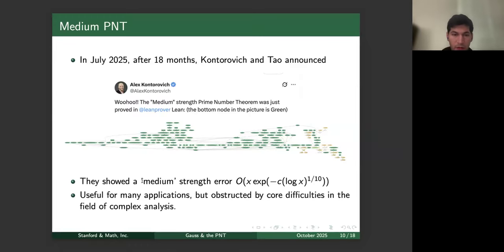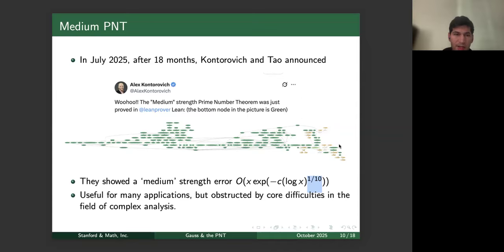They proved a form of the prime number theorem where they had replaced the square root of log x with log x to the 1/10th power. This uses a smaller exponent, but it turns out for many applications, this is still a quasi-polynomial that will give you a lot of the applications that you might want.